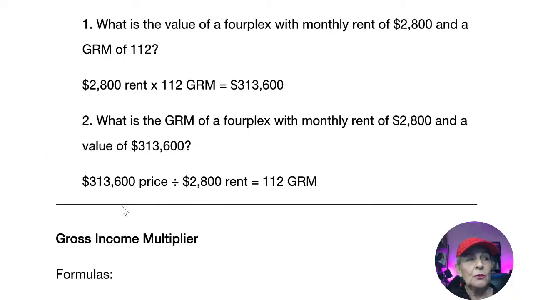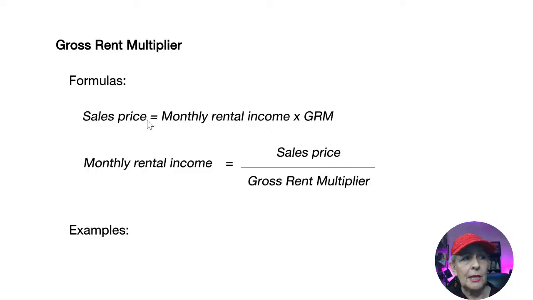Now, what is the gross rent multiplier of a fourplex with monthly rent of $2,800 and a value of $313,600? So now you're taking the price divided by the rent to find the gross rent multiplier. You're just solving for a different factor, right? With the three factors in the equation: rent, the gross rent multiplier, and the value of the property. So you're just moving the factors around.